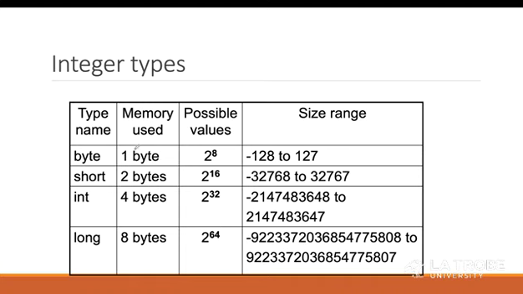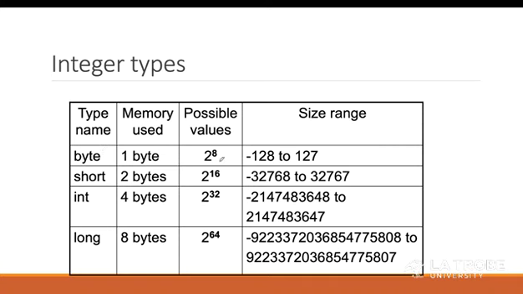For integer types, as we discussed before, we have 4+1 integer types, which are byte, short, int, long, and char. For byte, as the name suggests, the memory used is 1 byte, and we know that 1 byte equals 8 bits.